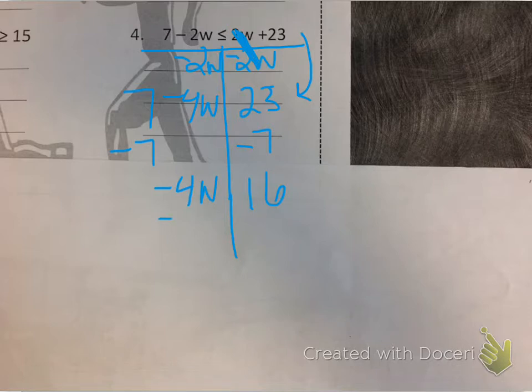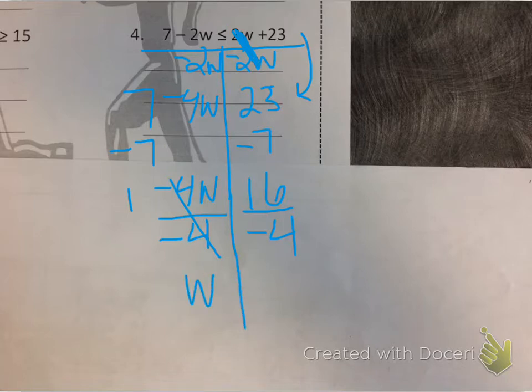So we're going to do the opposite of that, which is divide by negative 4. If we do it to one side, we do it to the other side as well. Negative 4 divided by negative 4 is 1. So we have w left over. And on the right-hand side, we have 16 divided by negative 4, which is negative 4.